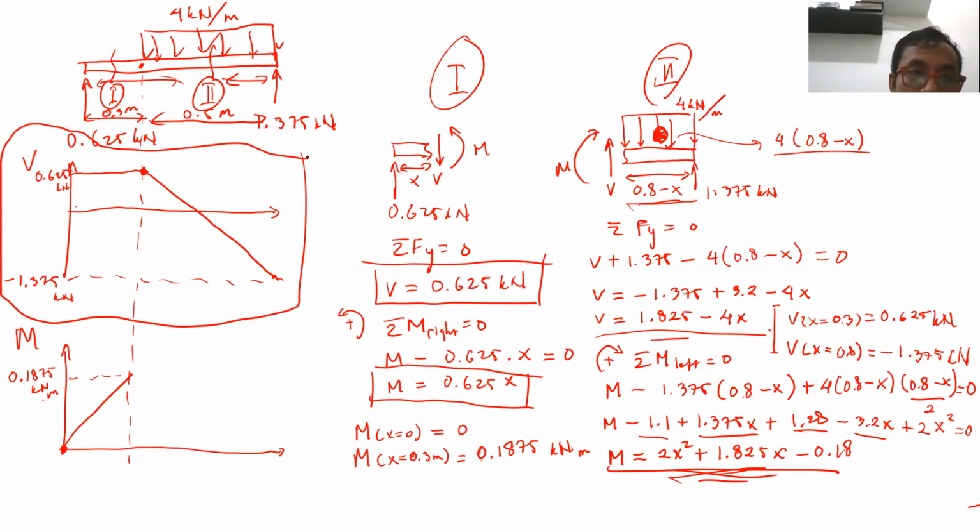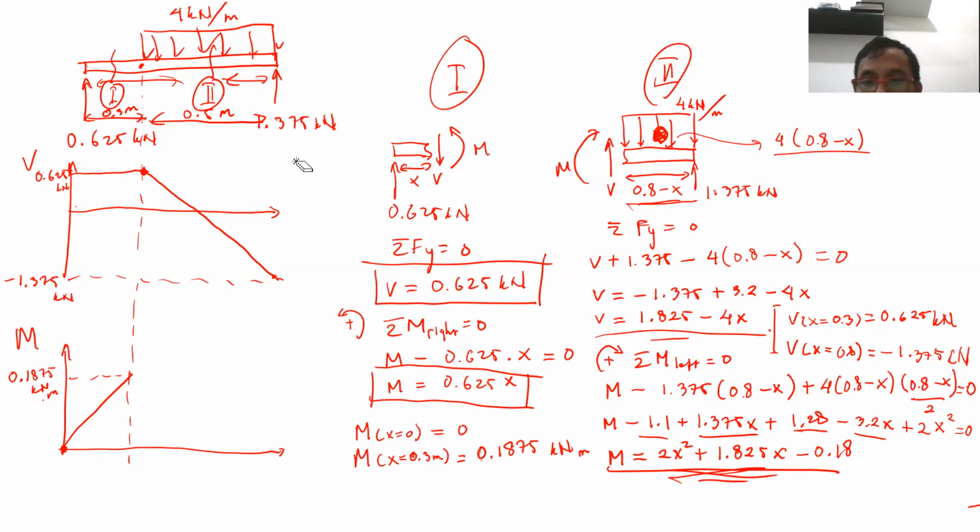Okay, now we will continue to draw the last one for the moment. Same as in the shear force, for the moment we have to check as well. Moment at x equal to 0.3. What is the value? You can just put it there.